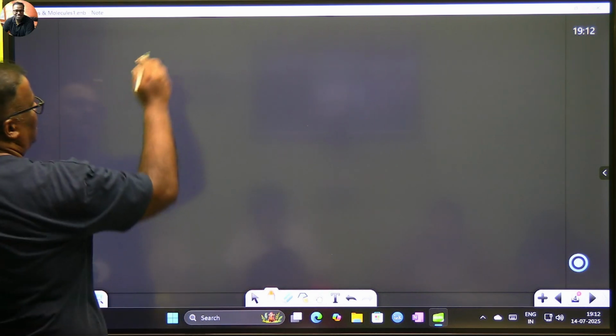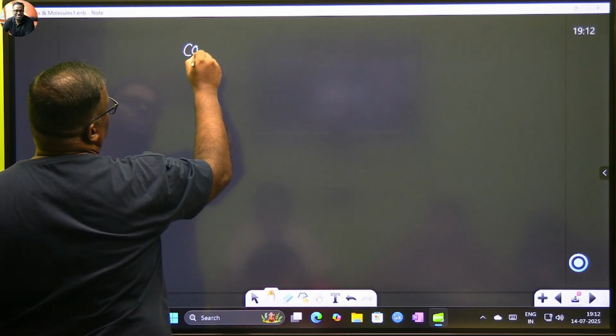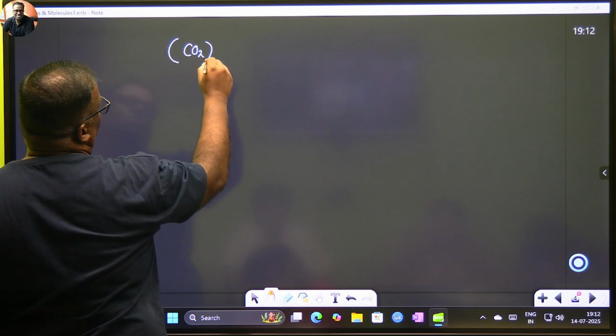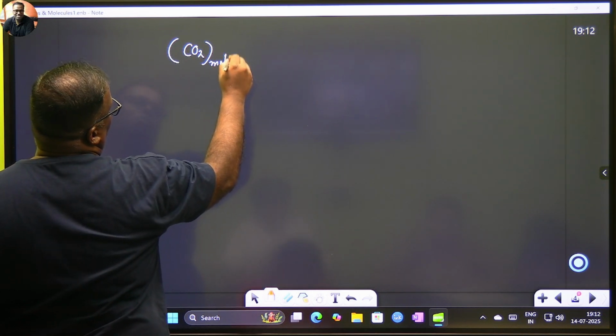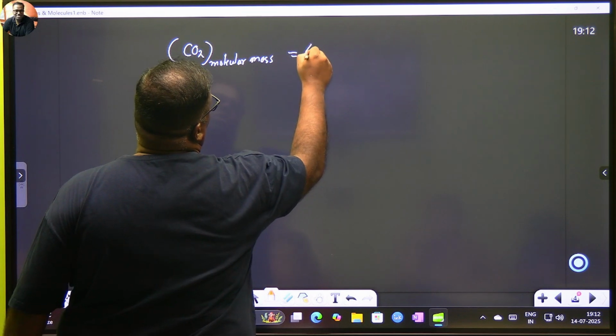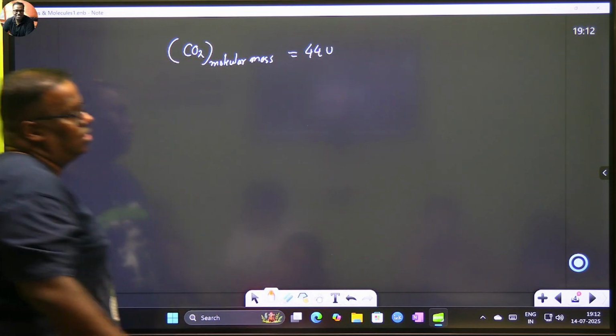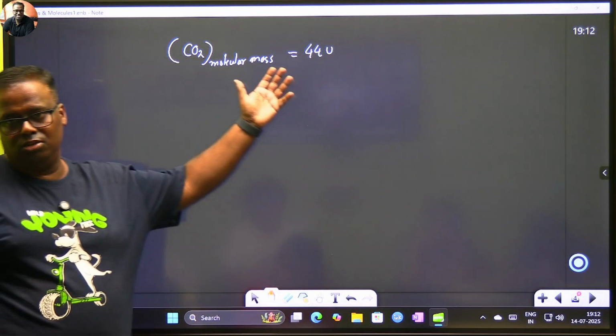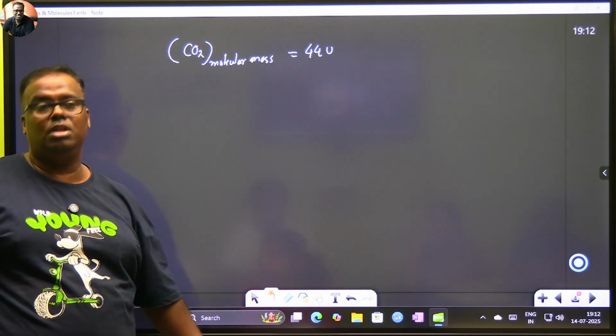One question again arises: in the units in which we measure, what should the molecular mass be? Let's take carbon dioxide. The molecular mass of carbon dioxide is 44 atomic mass unit. But you want it realistic. You're a human being, you want it in grams.